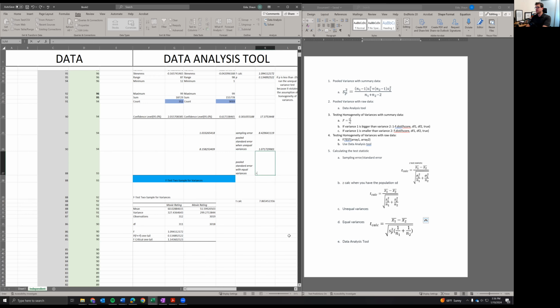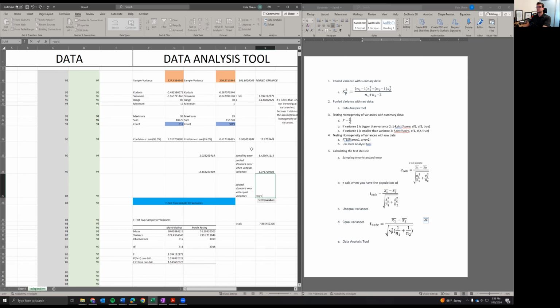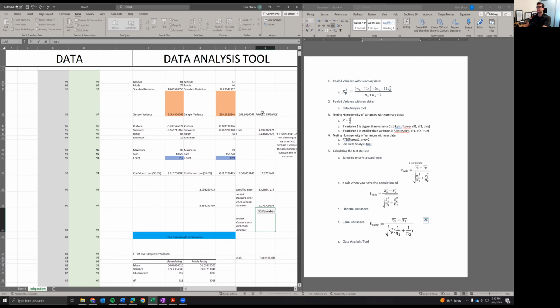Okay, so we've got equals square root of the pooled variance that we got up here, 301. Then we are going to multiply it by 1 over the sample size for sample 1 plus 1 over the sample size for sample 2.